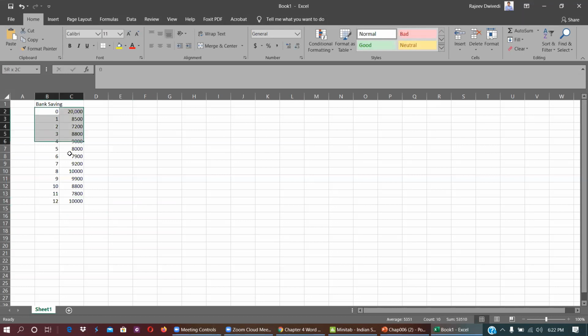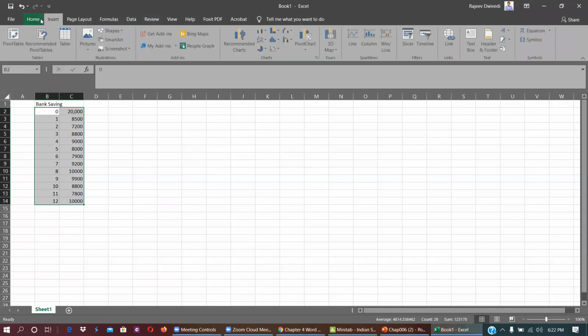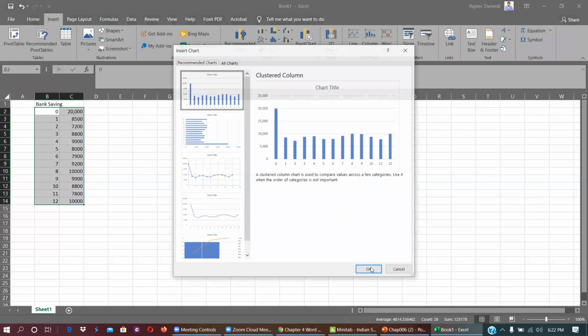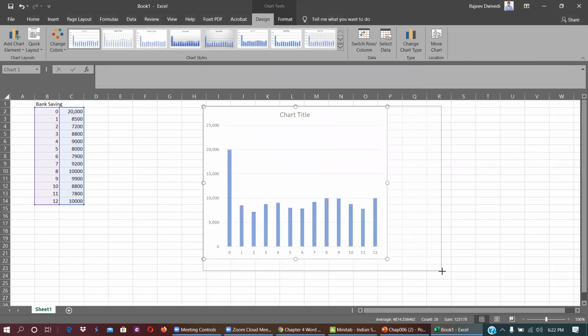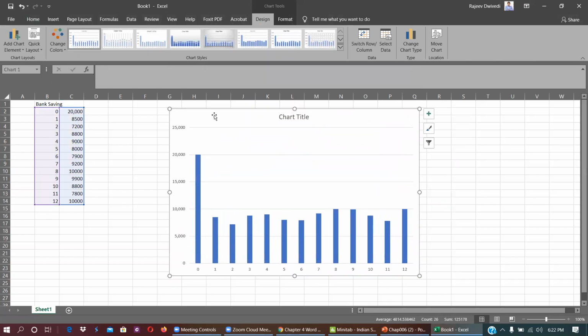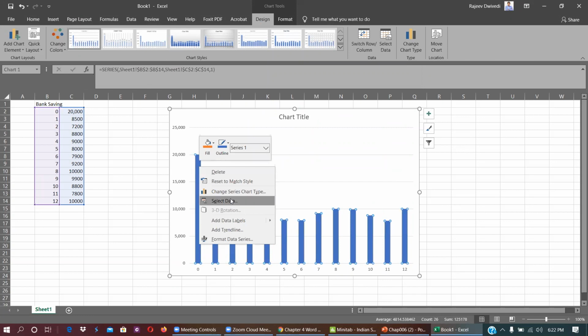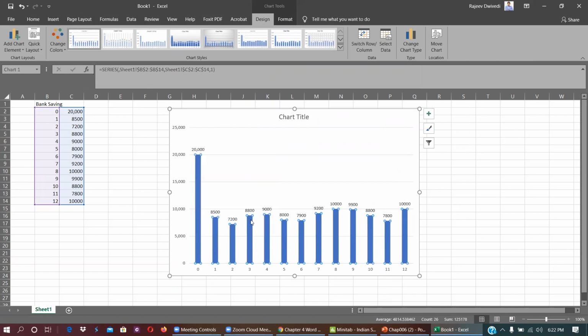Now let me plot a chart here. Can you see? Let me add the data labels.